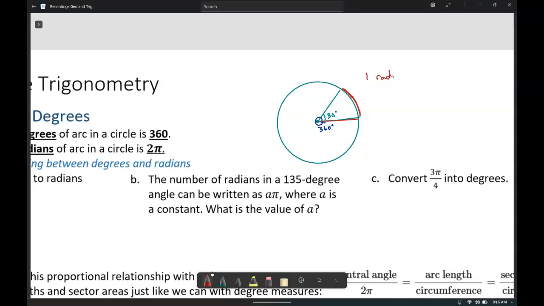One radian is equal to 1 radius of our circle. And as we go all the way around, we actually have a rotation of 2 pi radians.